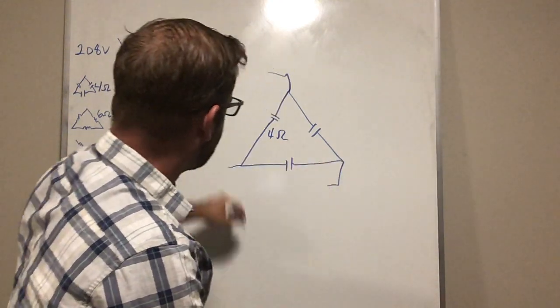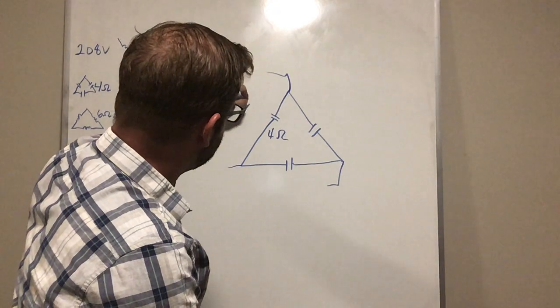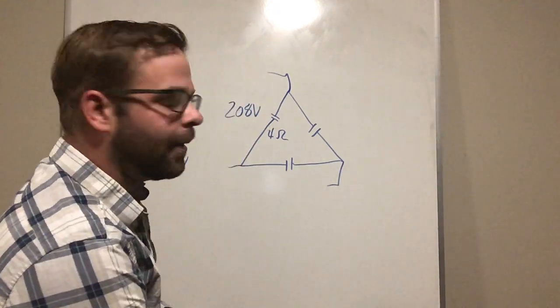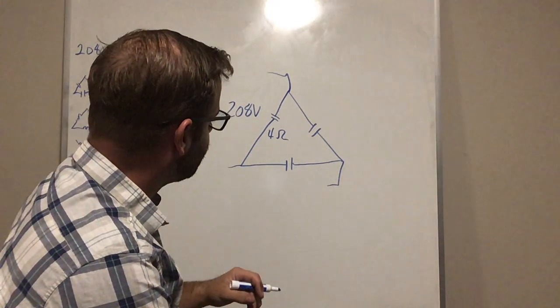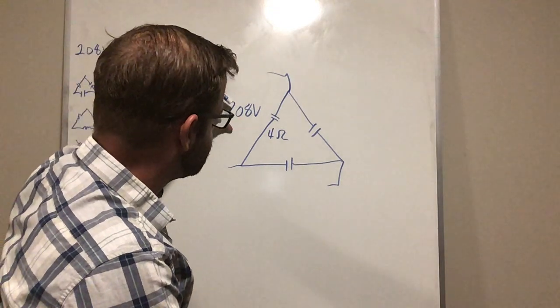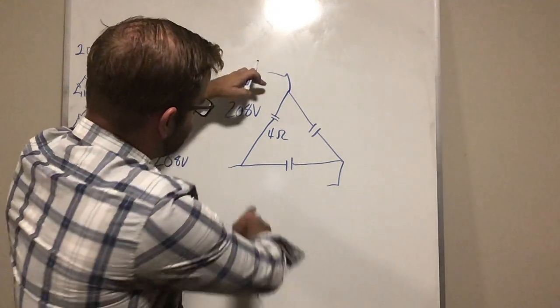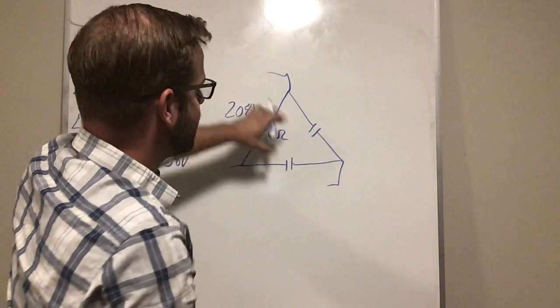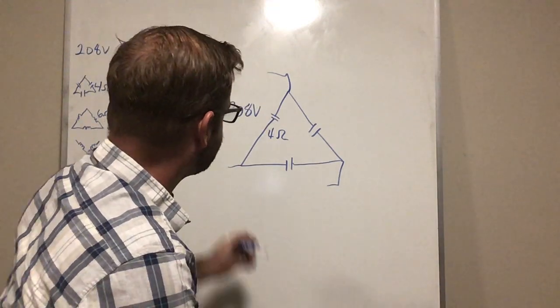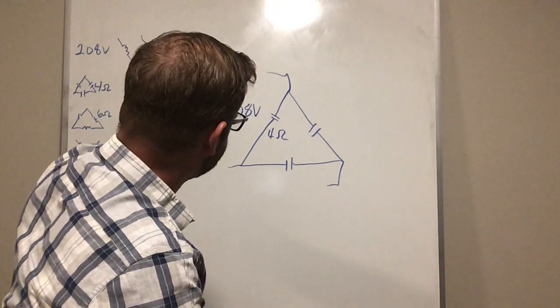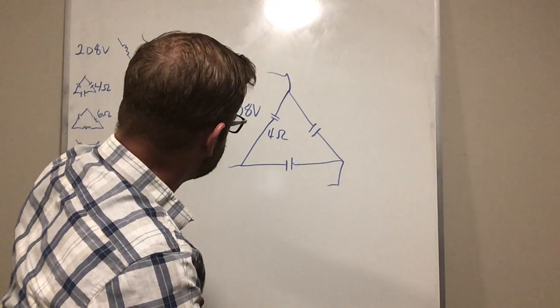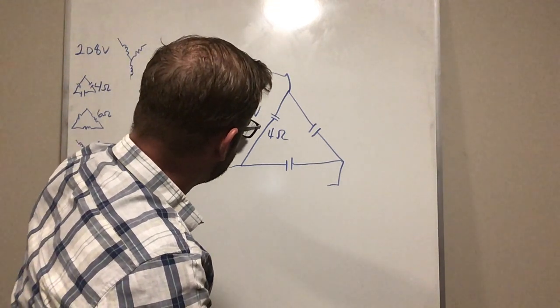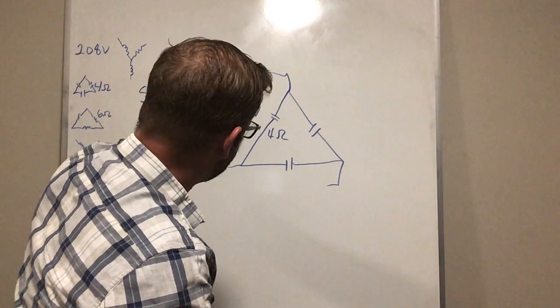We know that we have a line voltage of 208 volts, and in delta, if the line voltage is 208, there's only one load that uses that up, so our line voltage and our phase voltage are the same. So our E phase is also 208 volts.